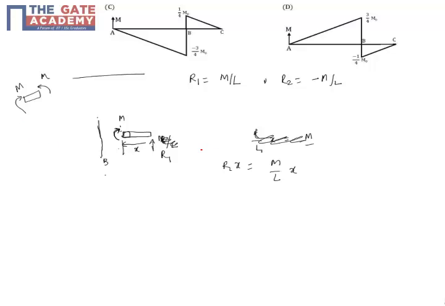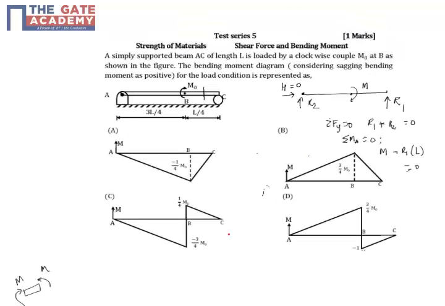If you take a small element at this cross section, the bending moment is like this. So it's a sagging bending moment, which is positive, and we draw it above the axis. It varies from 0 at C, and at B it is M by 4 and positive. And it's linear because it depends on X, so it's a straight line. Out of all these options, this one is wrong because it has to be drawn upwards between B and C. That one is also wrong, so only C is the right option.